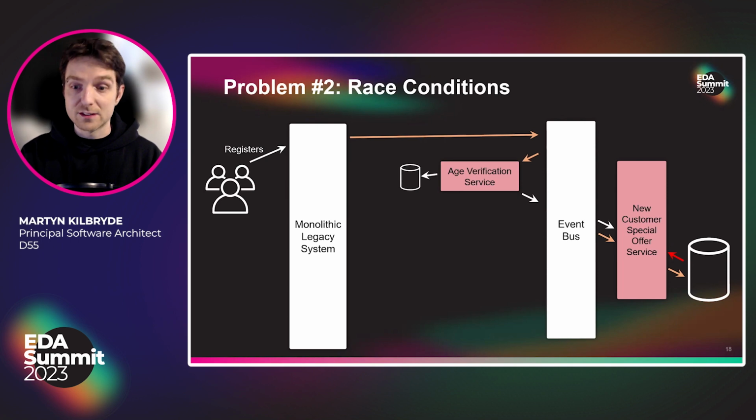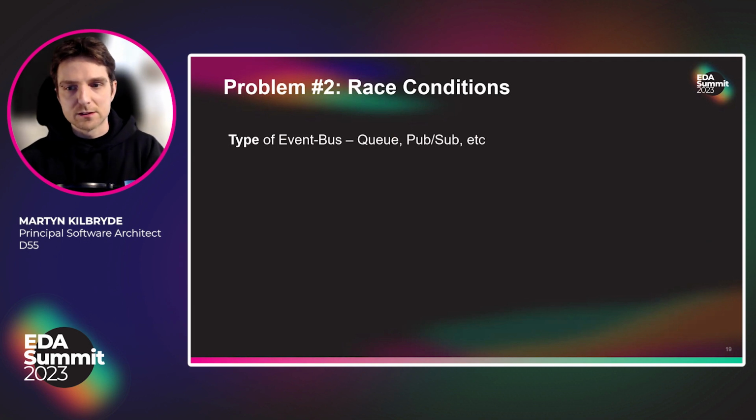Now, when using events that aren't orchestrated, like the latency issue, the resolution does depend on the use case. So it depends. There are a few different areas to consider. The first is just the type of event bus. It's very possible that using a first in, first out guaranteed ordering system might reduce the problem.